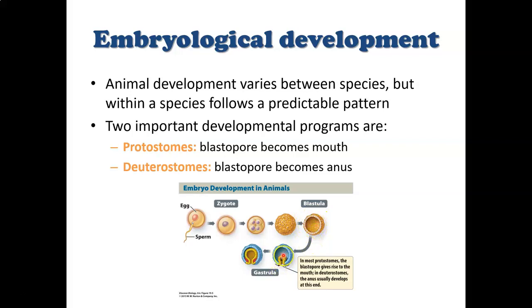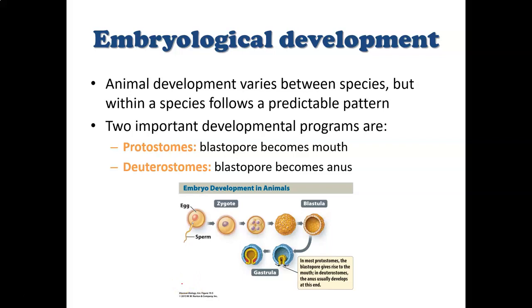The first thing that forms is this little invagination here, these yellow cells. Right? That thing is called a blastopore. And in protostomes, that blastopore becomes the mouth, whereas in deuterostomes, the blastopore becomes the anus.